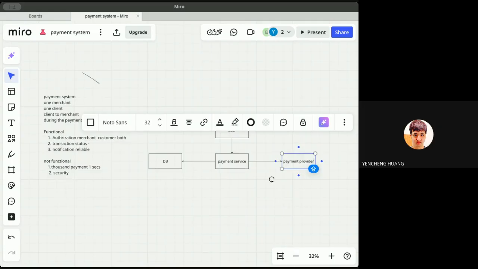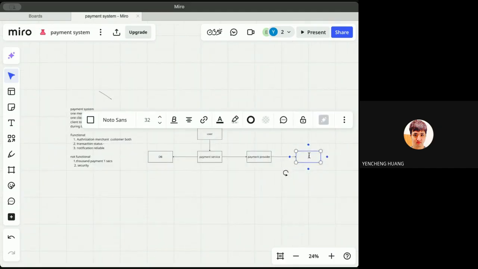This is an outer service to verify it. You mean an external payment service, like Visa? Yeah, like Stripe, to verify whether this payment check is available or not. Visa or vice versa too.